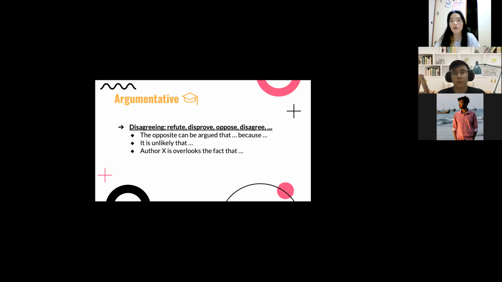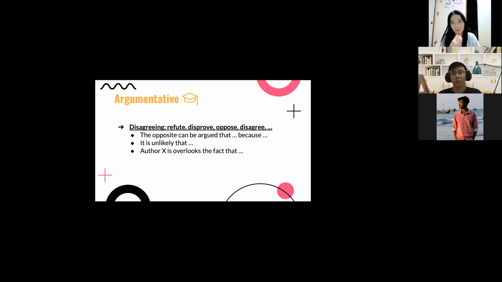So perhaps when you discuss some issue extensively, you're going to refer to a lot of articles, a lot of statements from other authors, and there are times when you just don't agree with them. You're really not on the same page on certain issues, and at those points you want to use language to really show that you are on the opposite side.